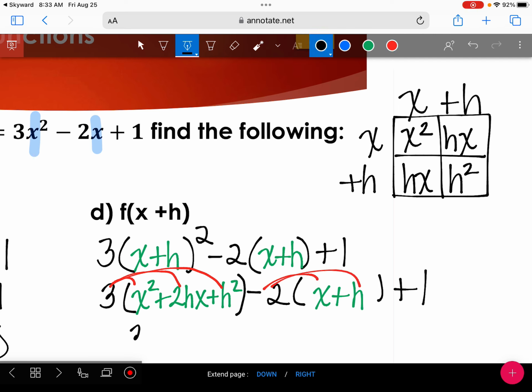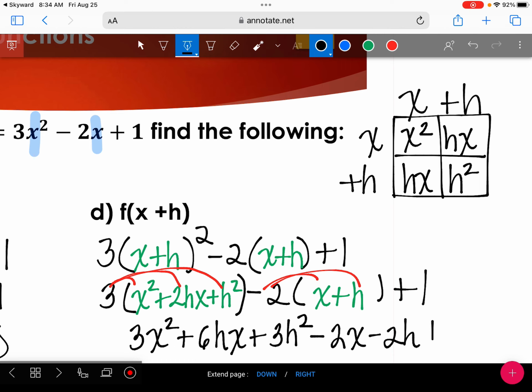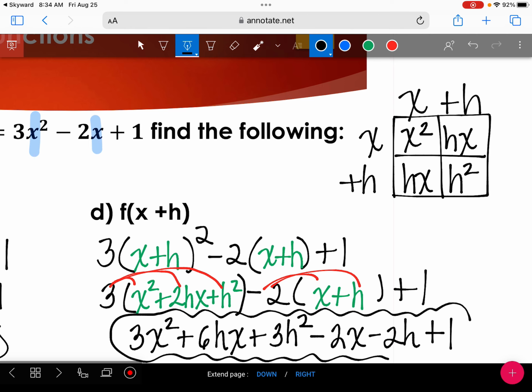So that would be 3x squared plus 6hx plus 3h squared. Now distribute the negative 2. So that'll be negative 2x minus 2h and plus 1. Notice that none of these are like terms. None of these can be combined. So we have a long answer.